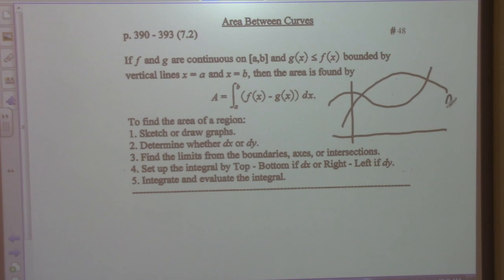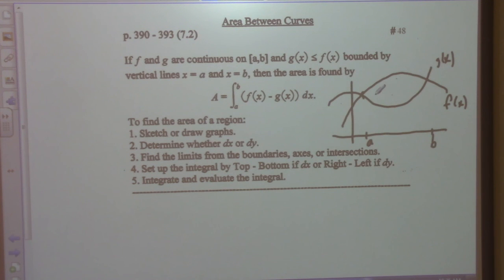This one's going to be f of x, and this one's going to be g of x. In this instance, you're going to be given, or you're going to find, these intersection points between the curves. So the question will say, find the area between these functions. And so you have to use your algebraic reasoning to find what these x values are.